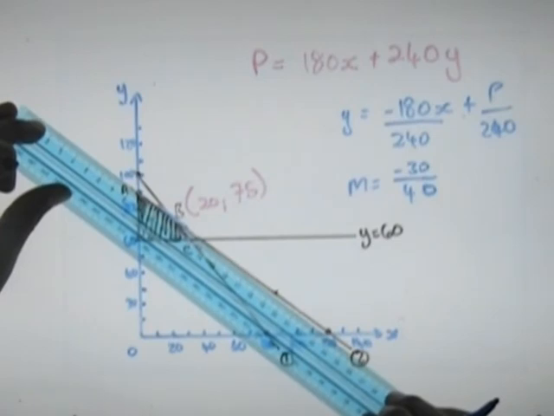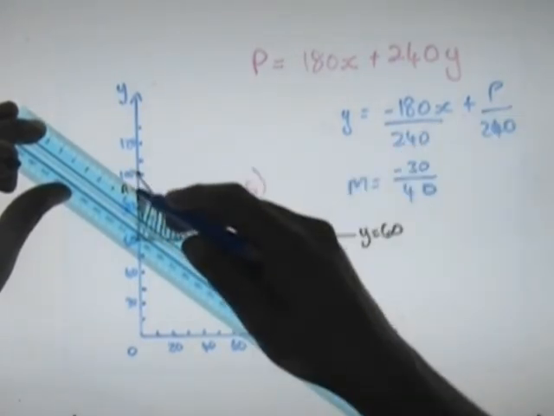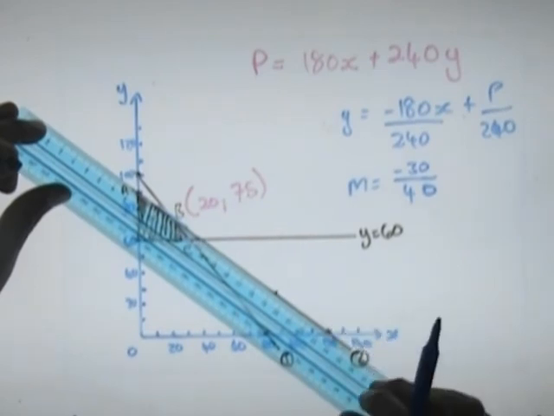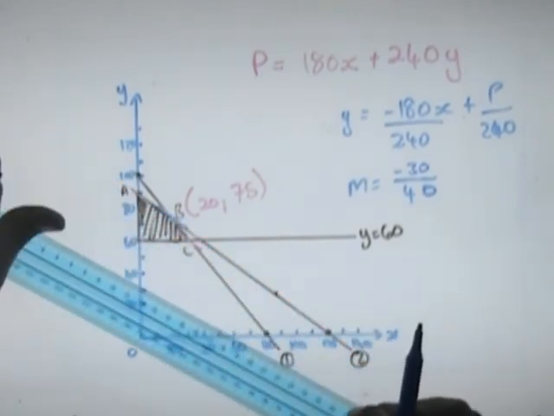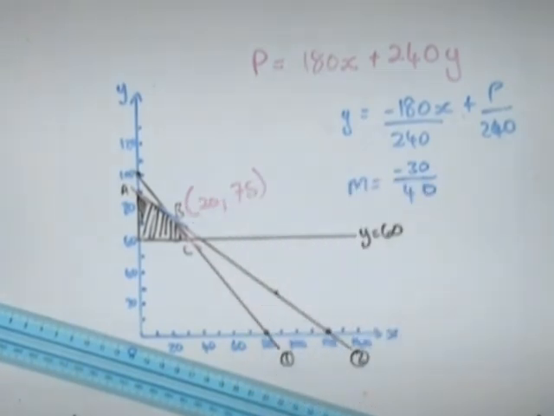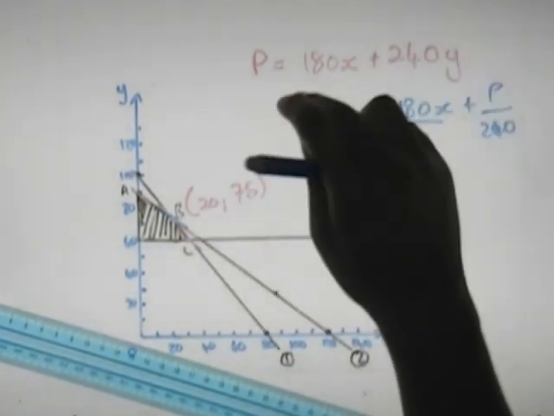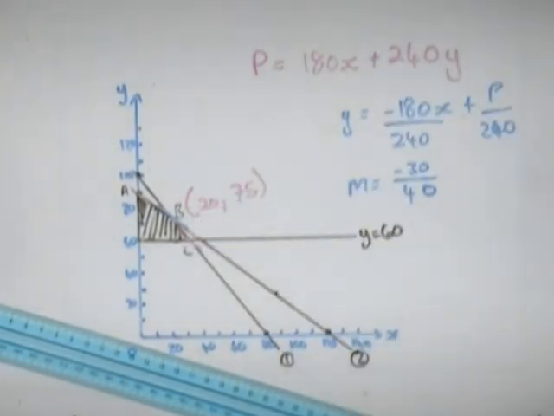I'm just checking it again using the gradient 90 over 120. Yes, that holds true. That means that point B is still our optimal solution irrespective. Our profit will be different though, but it will still be the maximum profit at point B.